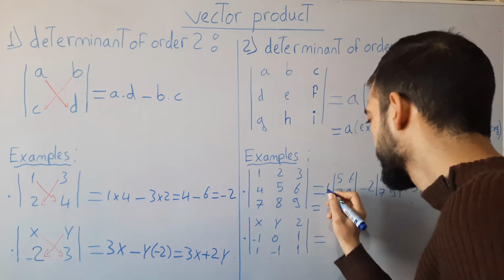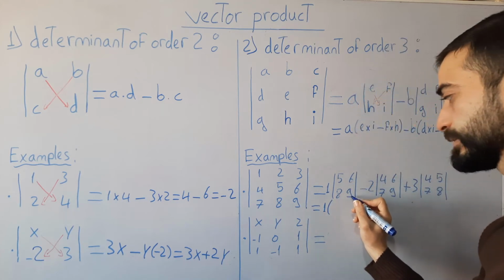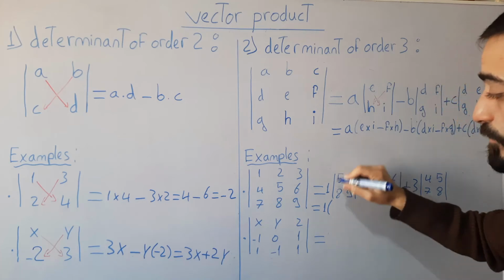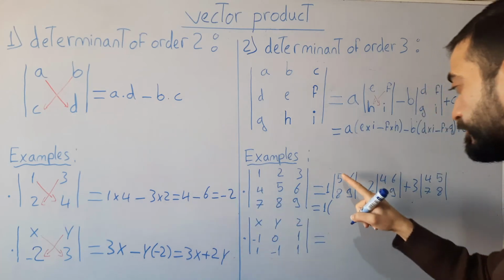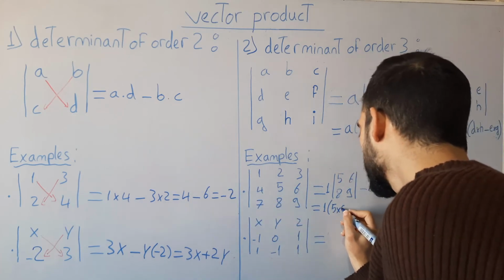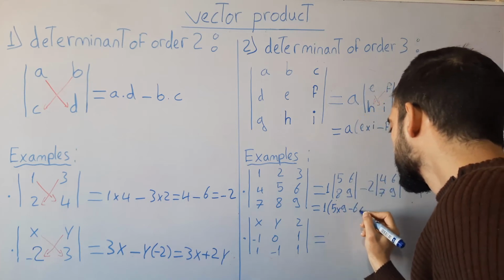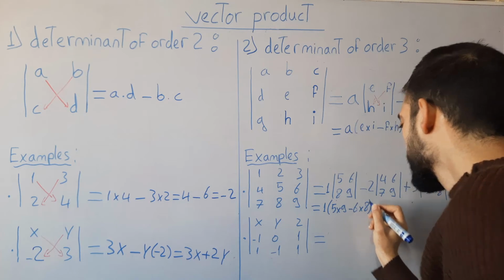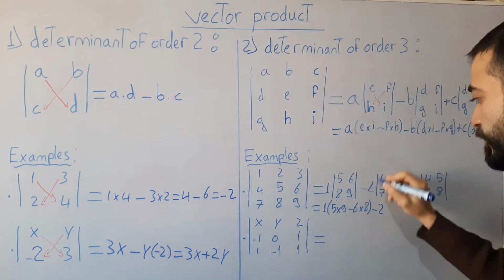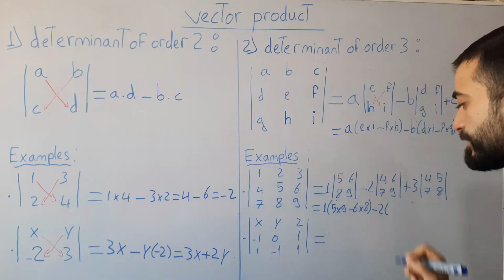Equal 1 times parenthesis 5 multiplied by 9 minus 6 multiplied by 8, because it is a determinant of order 2. Minus 2 times the determinant of order 2: 4 multiplied by 9 minus 6 multiplied by 7.